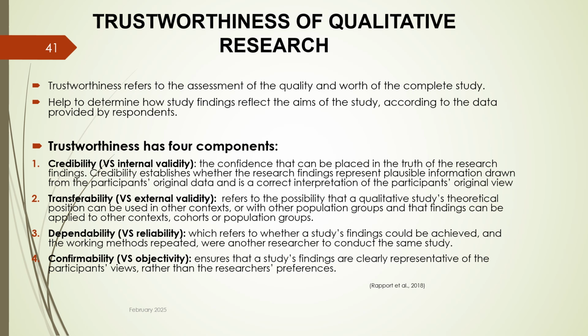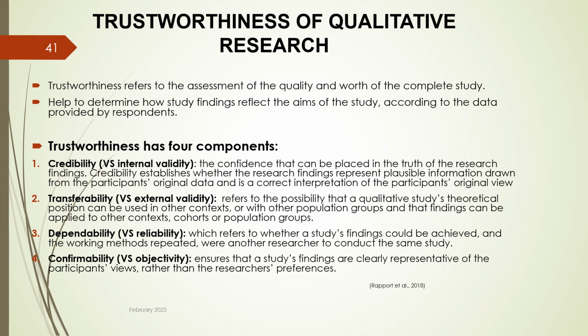So what does that mean? The findings of the qualitative research should be based on participant responses and not any potential bias from the researcher. So in qualitative research, the researcher should address the participants' viewpoints and perceptions, rather than his or her own views or perceptions regarding the topic under investigation.